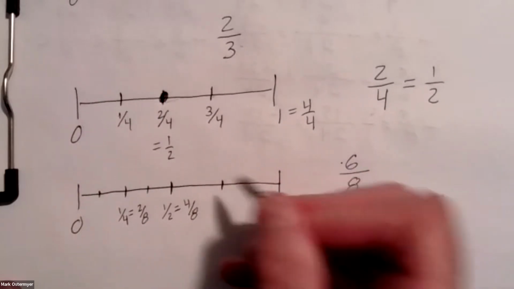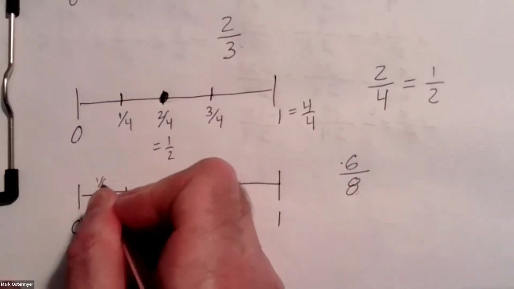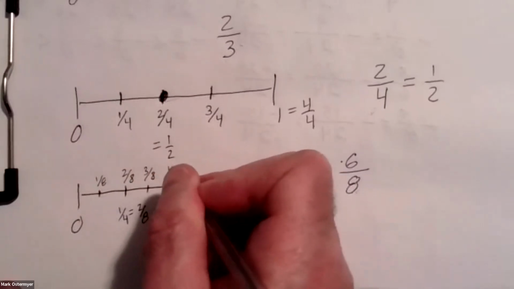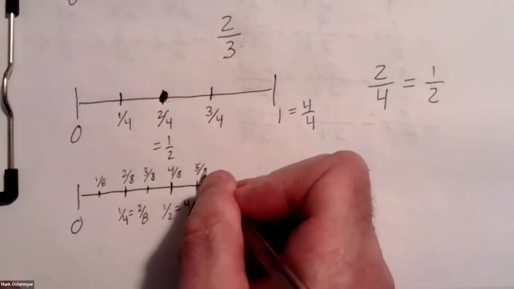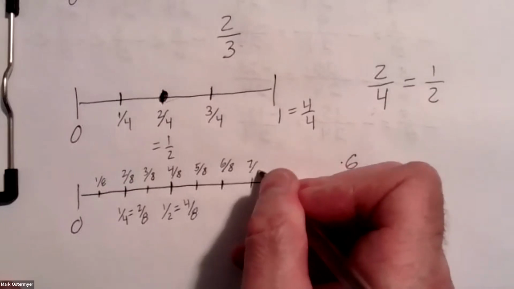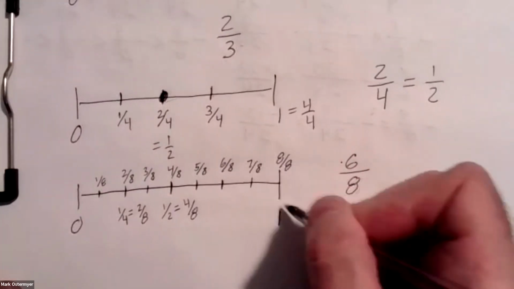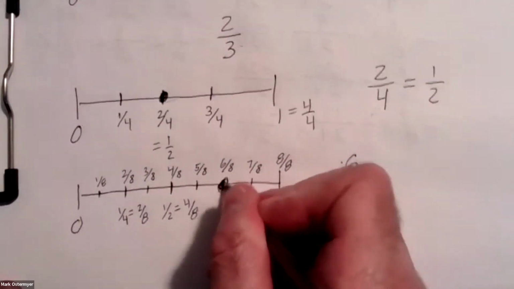And we could subdivide this up here: 1/8, 2/8, 3/8, 4/8, halfway here 5/8, 6/8, 7/8. And what's another name for 1? 8/8. Isn't that true? So where would 6/8 be? 6/8 would be right here, correct?